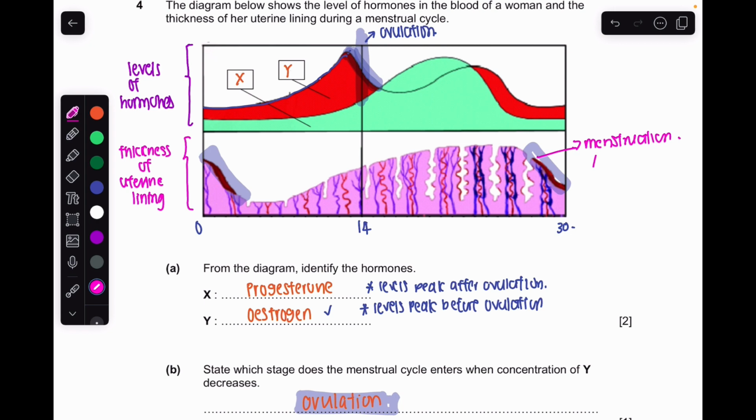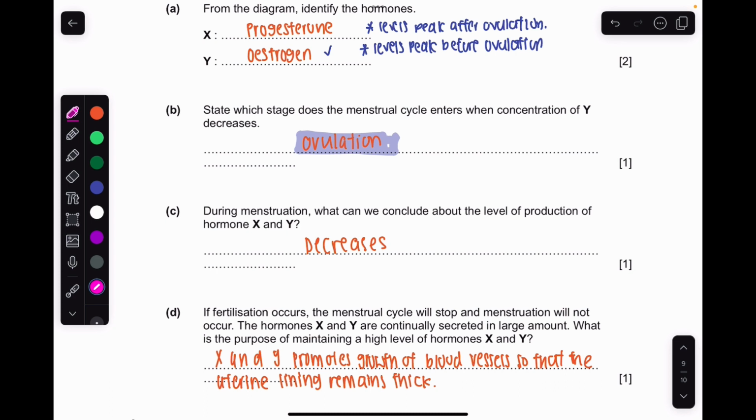The definition of menstruation is the breaking down and discharge of the uterine lining. Discharge means expulsion of it. So what's happening to the concentrations of the hormones? During menstruation, your hormone levels are decreasing, or we can say that they are very low.